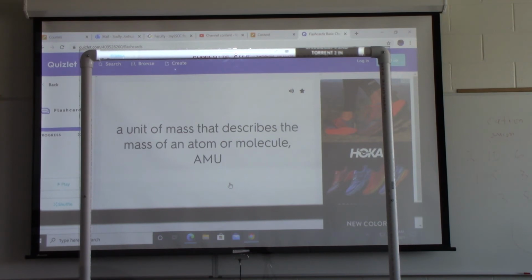How we mass or weigh individual atoms and molecules is with this unit called the atomic mass unit. The mass of a proton is 1 atomic mass unit. Anyway, we'll go more into that down the road.